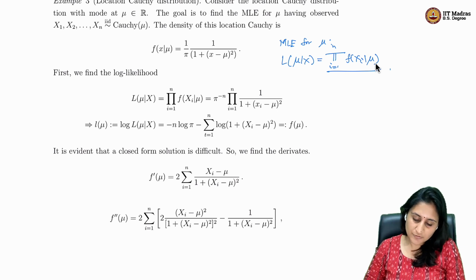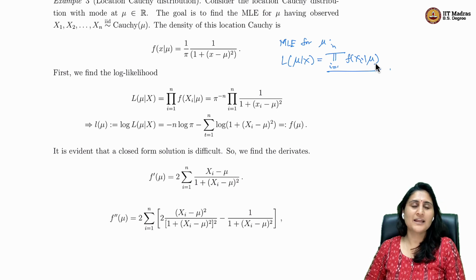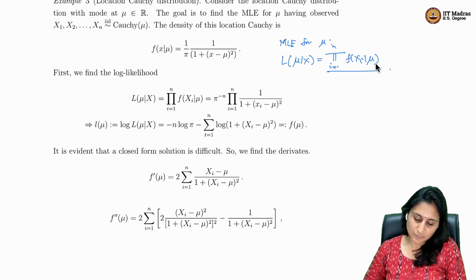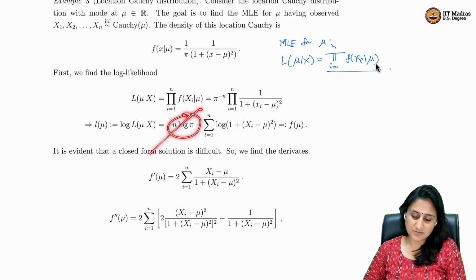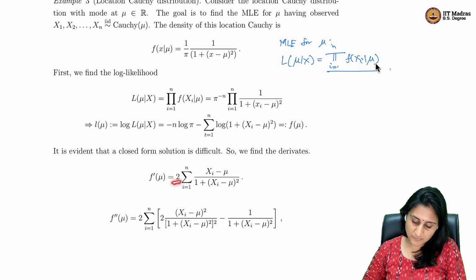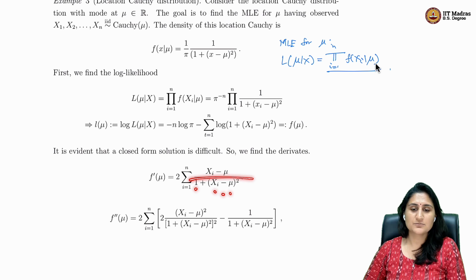Now, in order to find the maximum likelihood estimate, I need to find the first derivative, set it to 0, and hope that there is a closed form solution. When I take the first derivative with respect to mu, this first term is constant, so it goes away. Over here, this is a sum, and there's a minus that cancels with the minus here, so I get positive 2 times summation i going from 1 to n of (xi minus mu) divided by 1 plus (xi minus mu) squared.